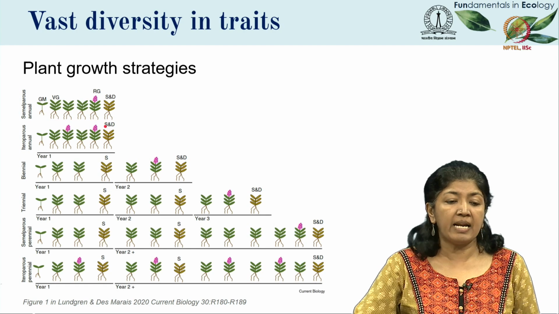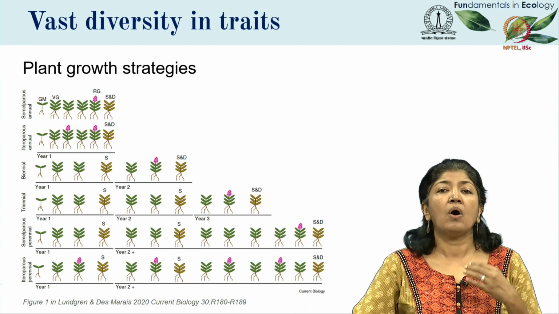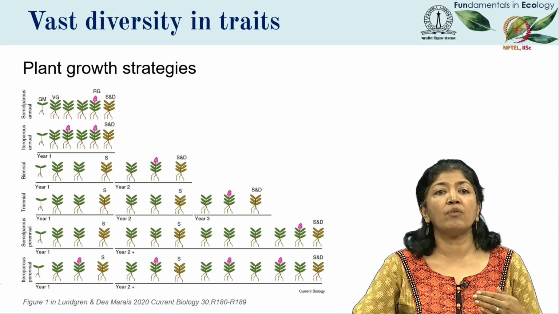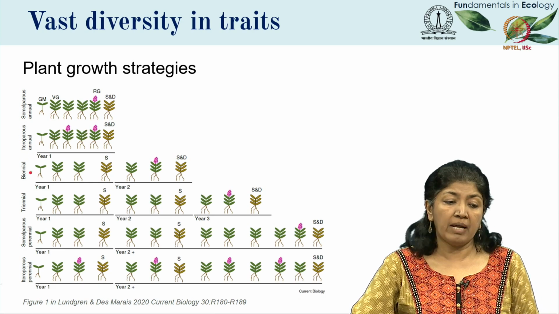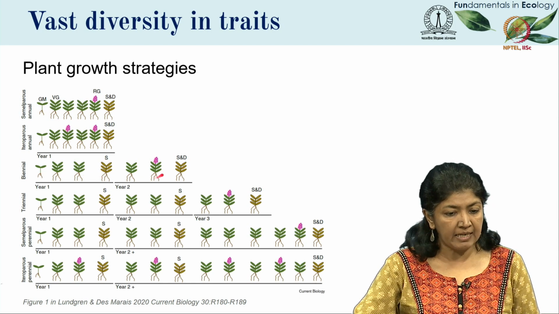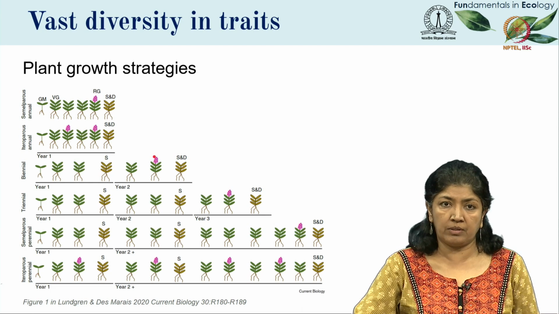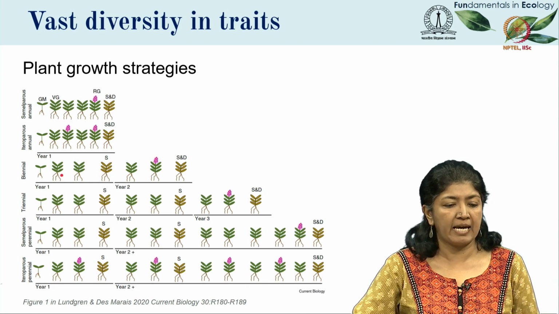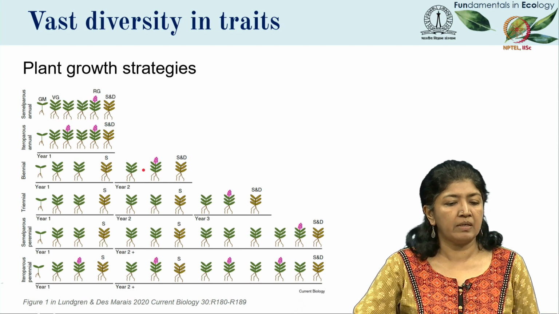So, even in an annual you can either have a single episode of reproduction or multiple cycles of growth and reproduction. Similarly, you could have biennial species with a single episode of reproduction and growth and senescence cycles over multiple years.